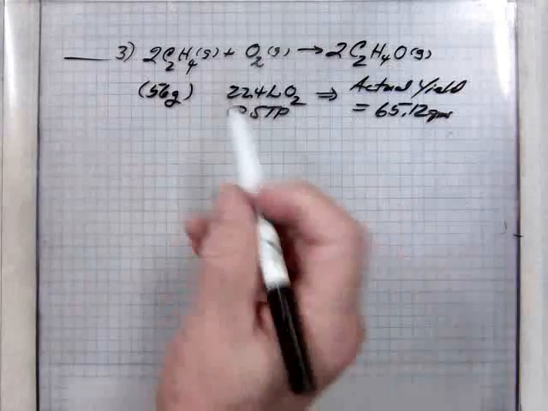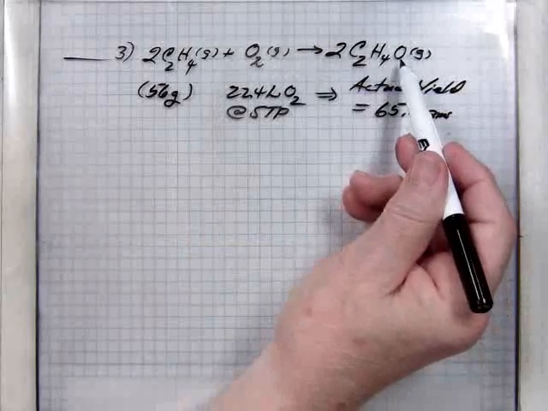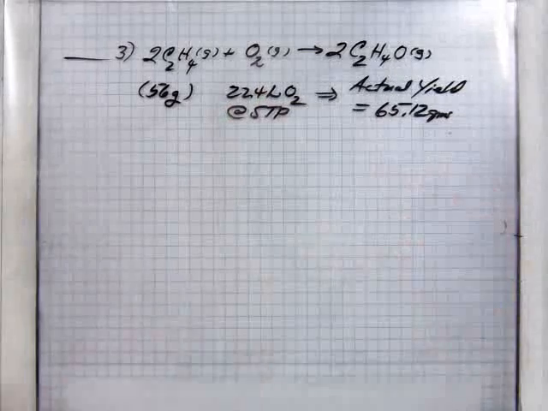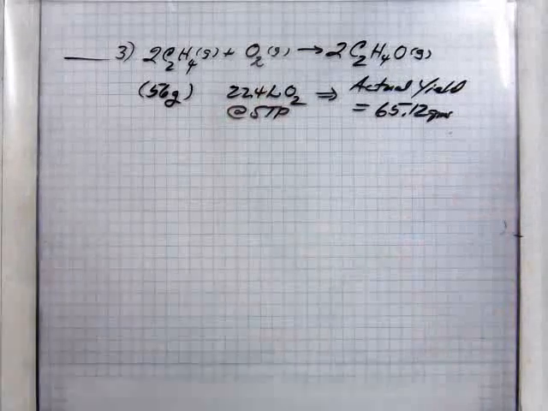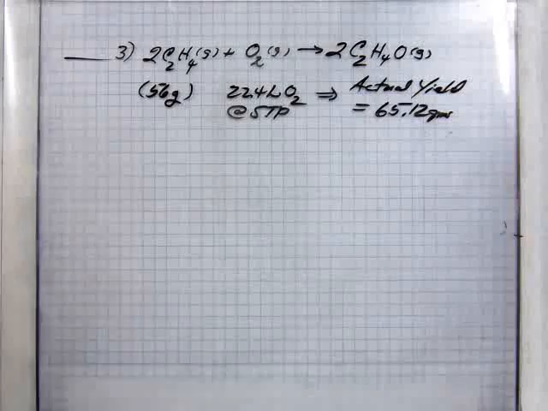Okay, you're given ethylene and oxygen producing C2H4O2, balanced to the lowest whole number ratio, which means you assume that the reaction is at STP.